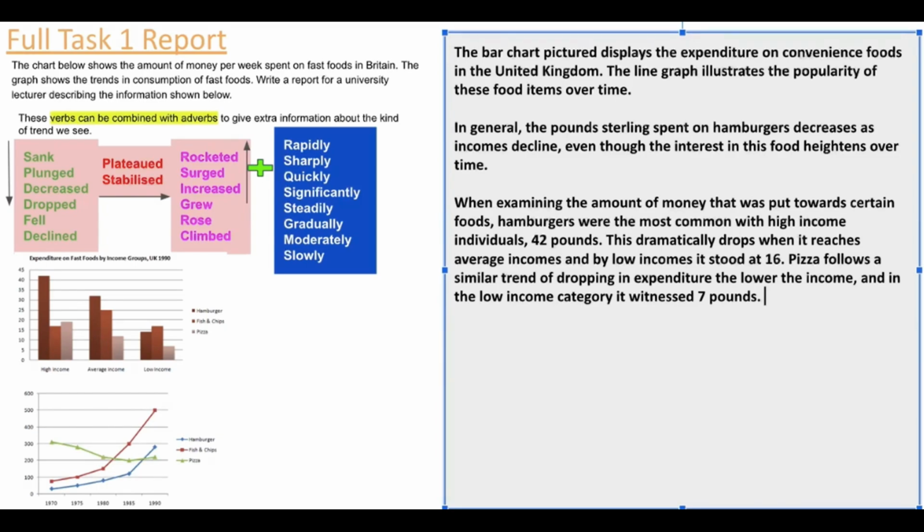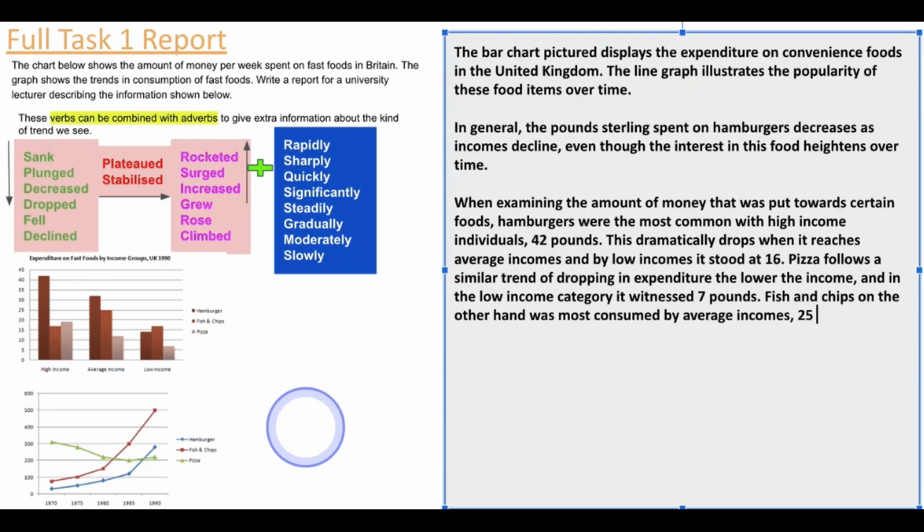Okay, what about fish and chips? Fish and chips, on the other hand, was most maybe consumed by average incomes. £25.